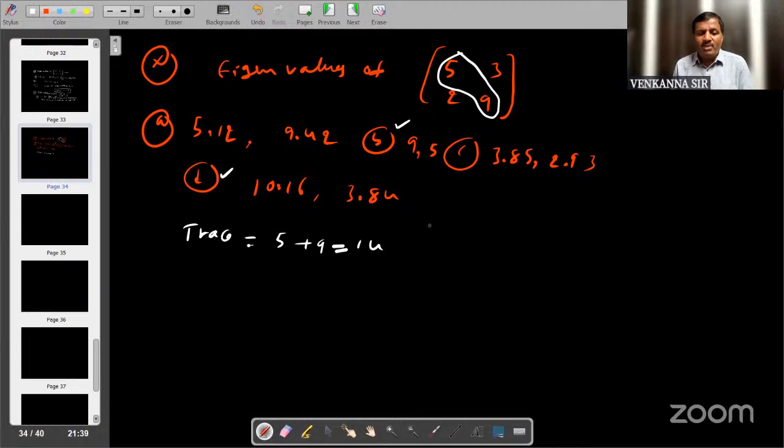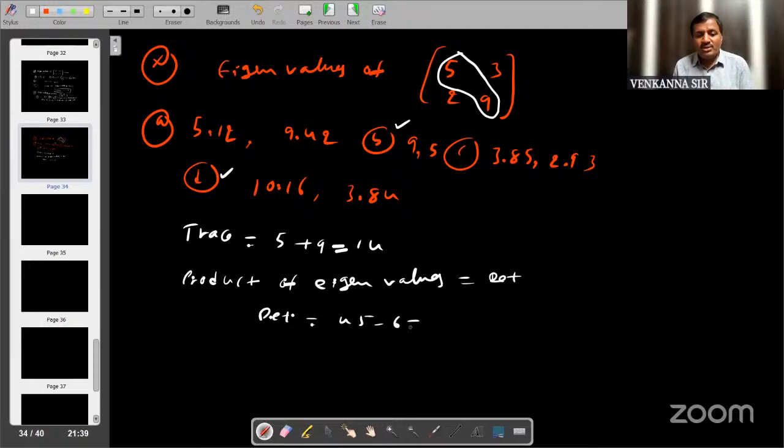What is another property? Product of eigenvalues is the determinant. What is the determinant of the matrix here? 45 minus 6, which is 39. Whose product of eigenvalues is 39?